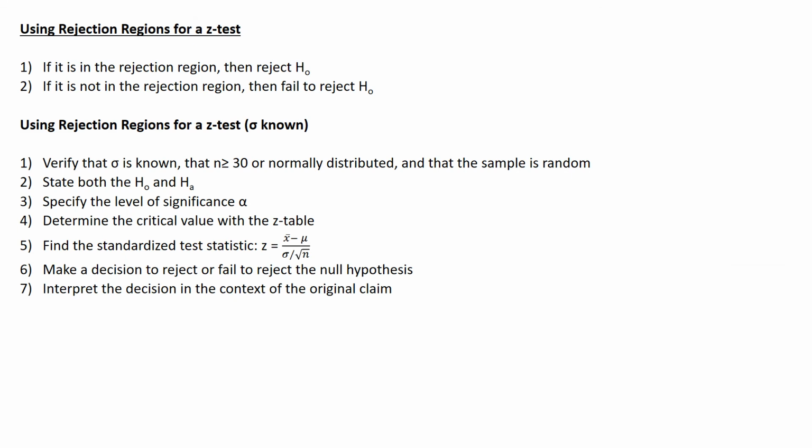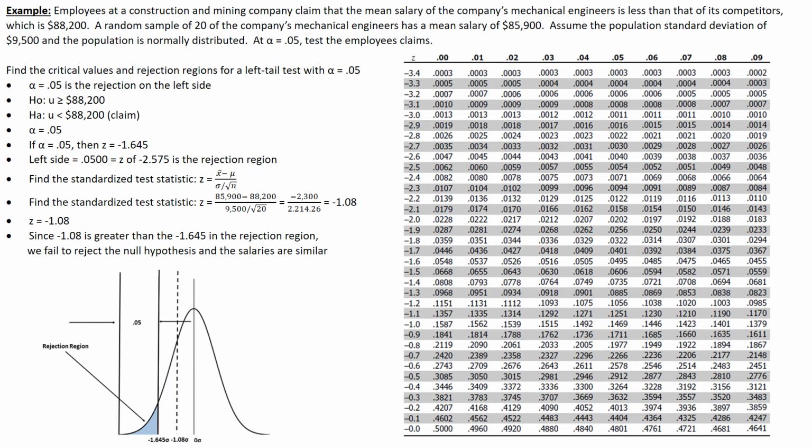Now, we can do the same thing with the z-test using the z-score. Let's go through this. Have to still state our null hypothesis, find the z, use the z-table, and find our test statistic, and then determine if we reject or fail to reject. Employees at a construction and mining company claim that the mean salary for a company's mechanical engineers is less than its competitors.